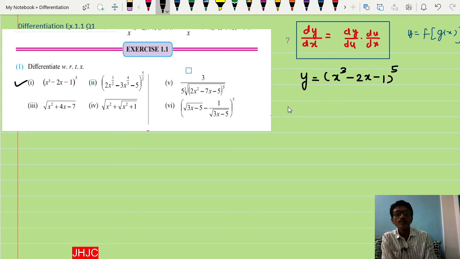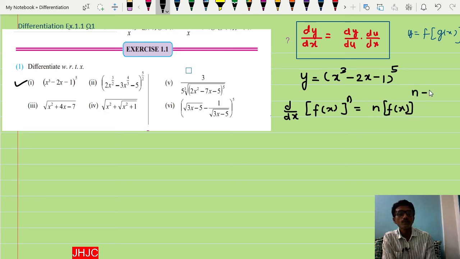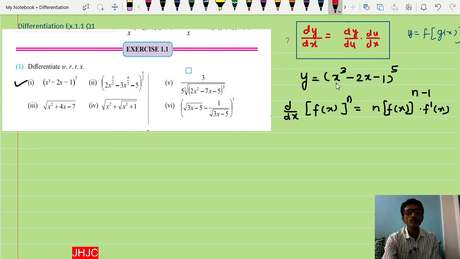You can remember this formula: the derivative of f x raised to power n is equal to n f x raised to power n minus 1 into f dash of x. That means we will consider this as u.